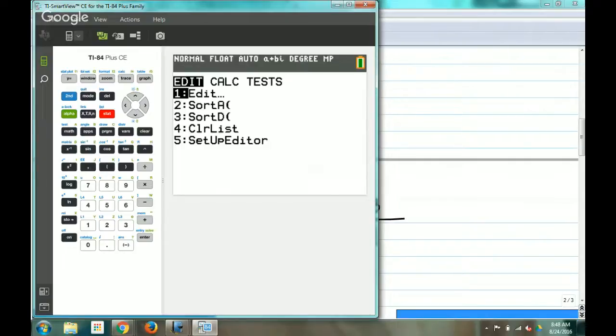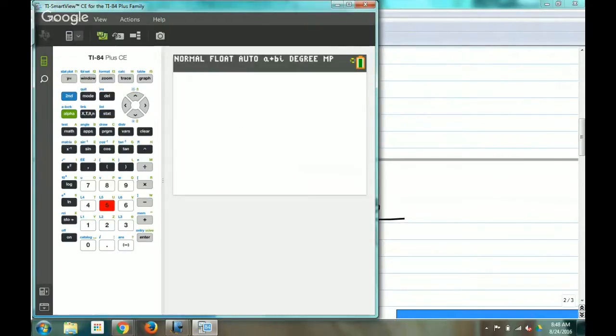I want everybody's list set up the same, so run the setup editor, because for some odd reason, times one of list 1, list 2, list 3 will randomly disappear. So let's hit number 5 and then hit enter. That will set everybody's the same so we're all on the same page.